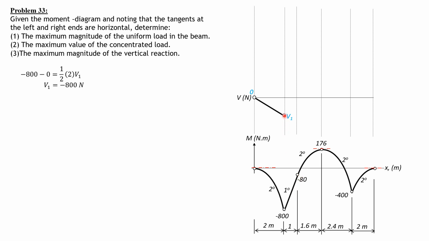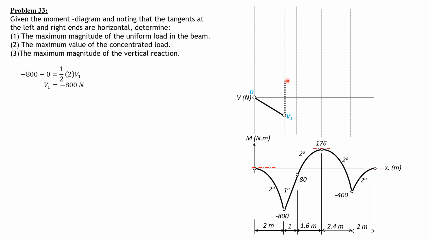Then between this point and that point, we have a first degree curve, a straight line. Then in the shear diagram, it is zero slope, or 0 degree, or it is a rectangle. Now, negative 80 minus negative 800 is positive 720. So positive 720 is the area of a rectangle, which is also positive above the horizontal.